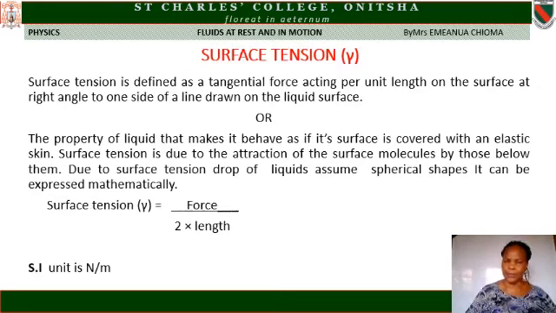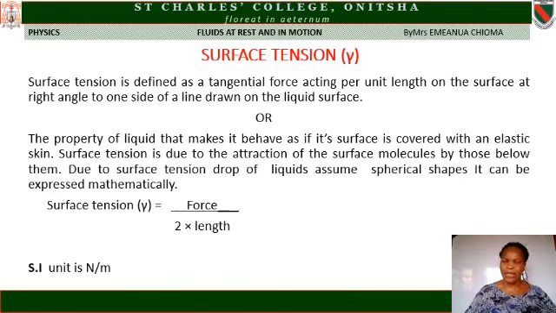Surface tension. Surface tension is defined as a tangential force acting per unit length on the surface at right angle to one side of a line drawn on the liquid surface.